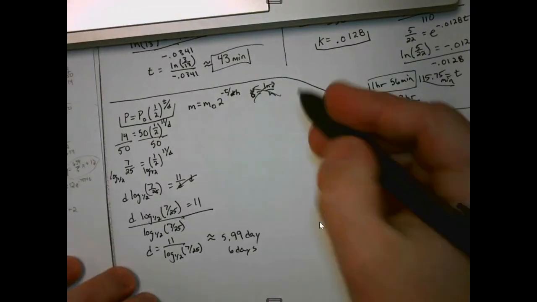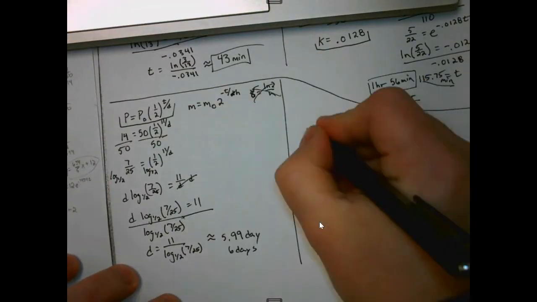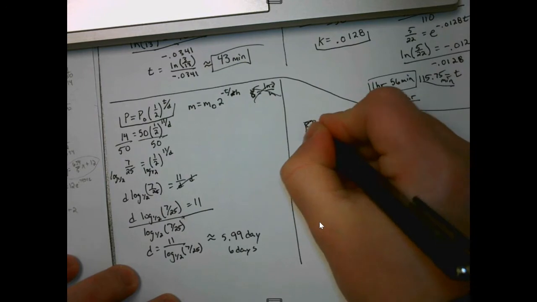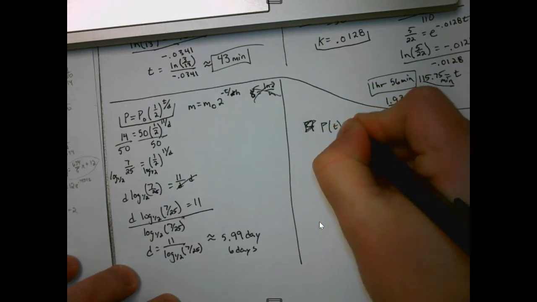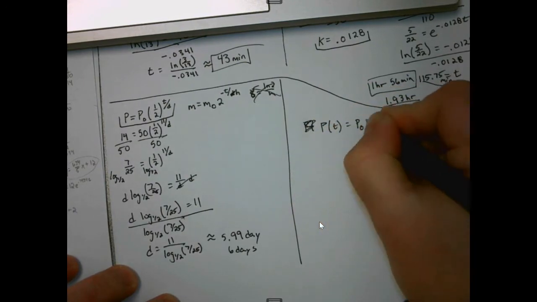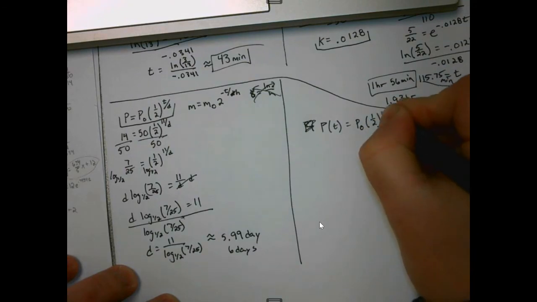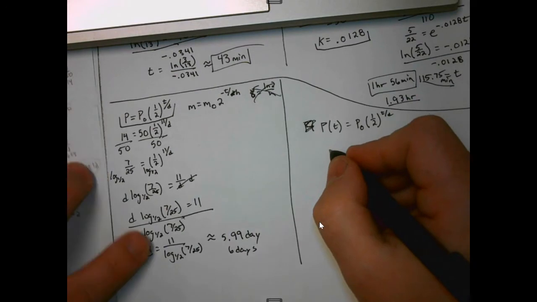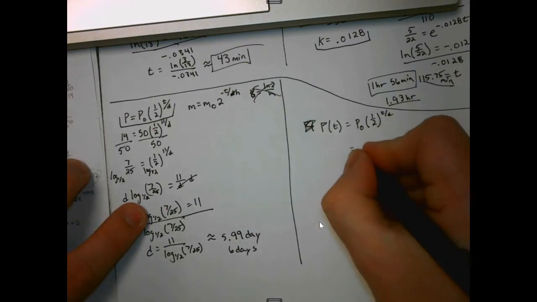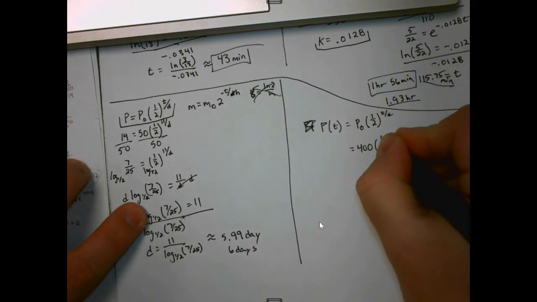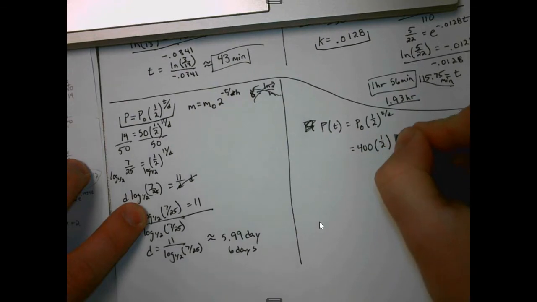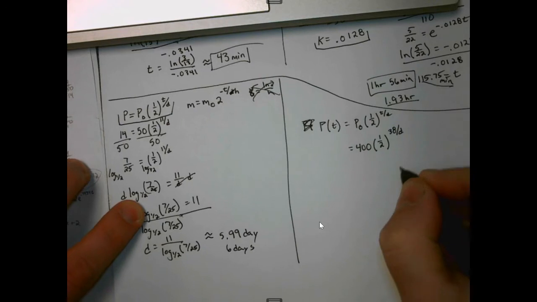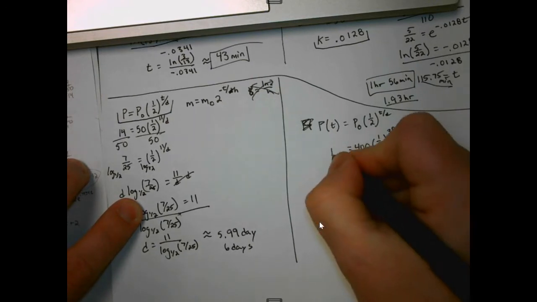Okay, again, we're going to use P of t equals P naught times 1/2 to the t over D. So it says that you begin with 400 grams. After 38 days, you get 14 grams.